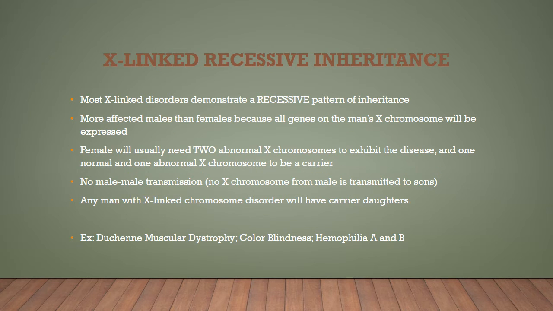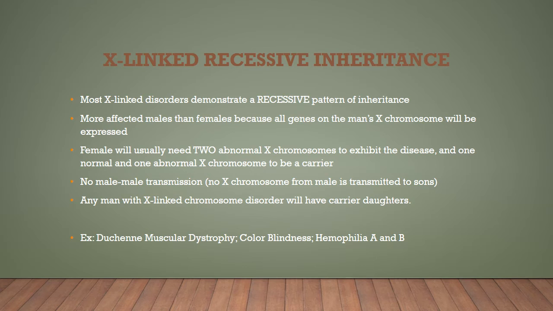So we'll talk now about the X-linked recessive inheritance specifically. Most X-linked disorders demonstrate that recessive pattern of inheritance that we discussed a few slides ago. If you remember, I referred to the two small x's, the characteristic will be exhibited if the two small x's get together. Same way with the X-linked recessives.